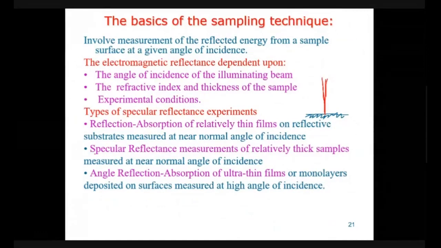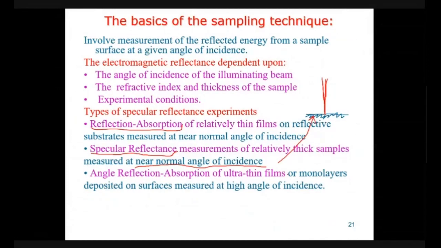So they are almost the same, a very narrow angle. Okay, then specular reflectance. Second is specular reflectance, which measures relatively thick samples at near normal angle of incidence. So this is also near to the normal.